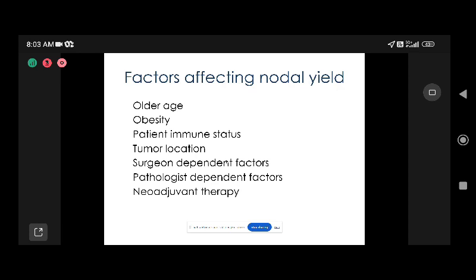Right-sided specimens give more lymph nodes compared to the rectum and the left side. There can be surgeon-dependent factors. There can be pathologist-dependent factors. And a very important factor, which is very commonly seen, which affects the nodal yield, is neoadjuvant therapy. If neoadjuvant therapy is given, that definitely leads to a reduction. So radiation completely melts the lymphoid tissue, and you may find very low nodal yield in a post-neoadjuvant specimen.